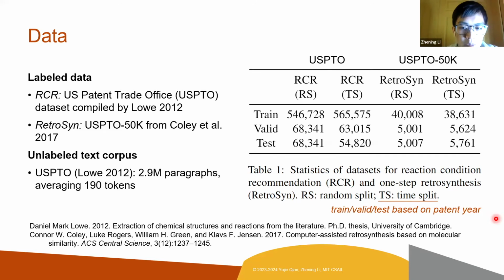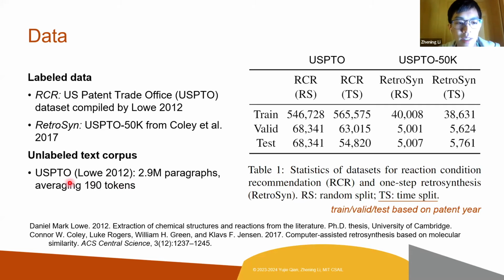Our unlabeled text corpus is from the US Patent Trade Office, and this has been compiled by Lowe 2012. So now I'm answering the question in the chat about the unlabeled text corpus. The details I'm not very familiar with, so I will refer the audience to the Lowe 2012 PhD thesis.